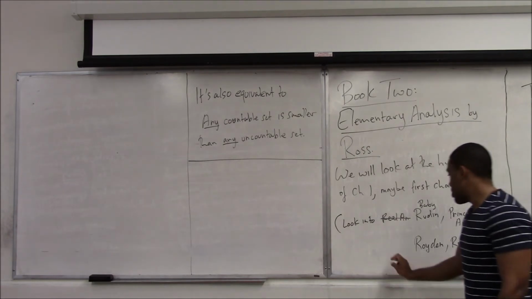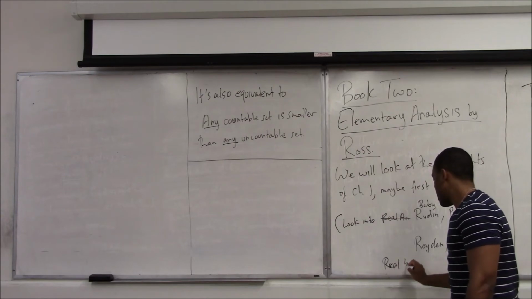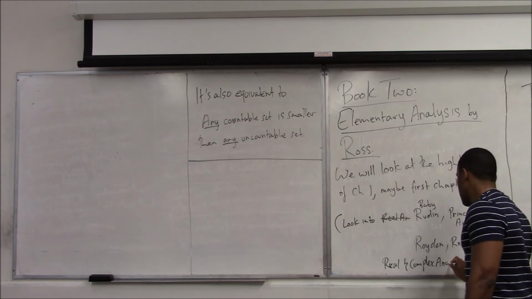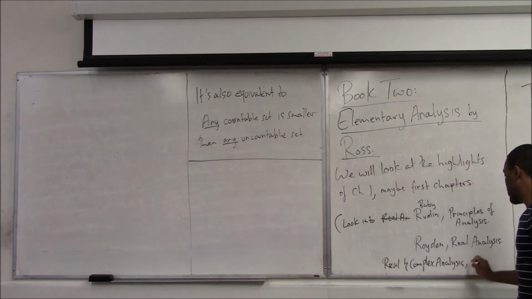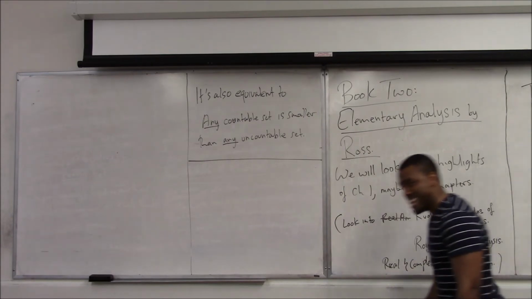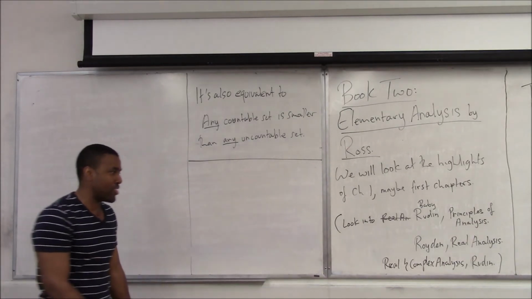And yeah, Rudin wrote another book. It's called Real and Complex Analysis. That's the big Rudin. That's the book that has a cult following. Some people absolutely hate it, and some people absolutely love it. It's the best book ever.